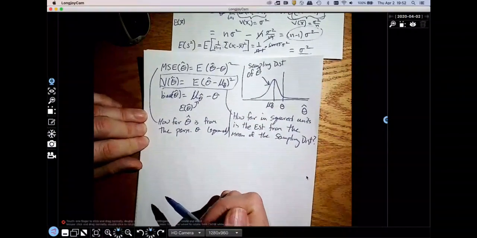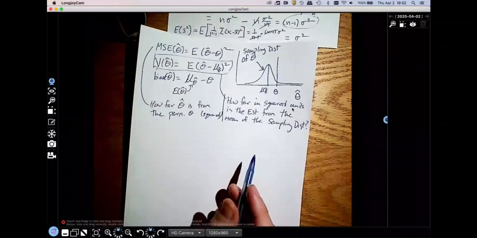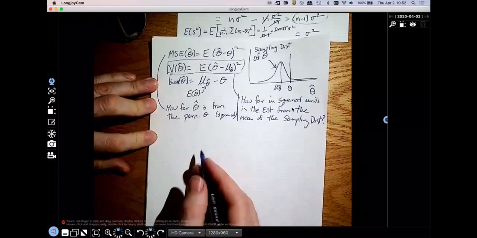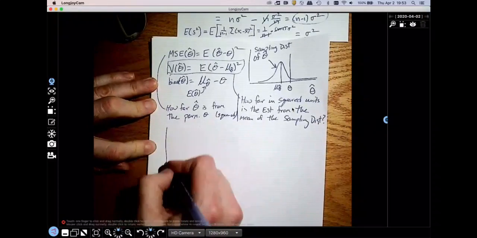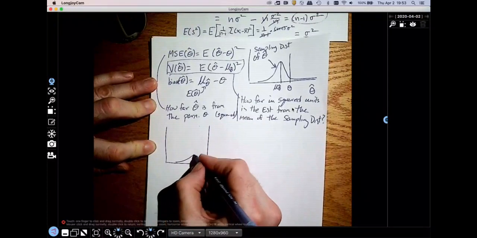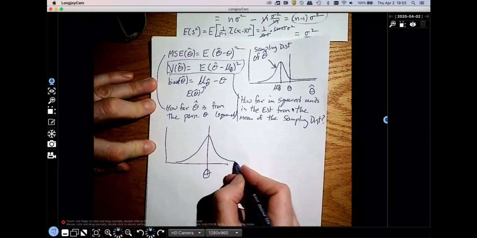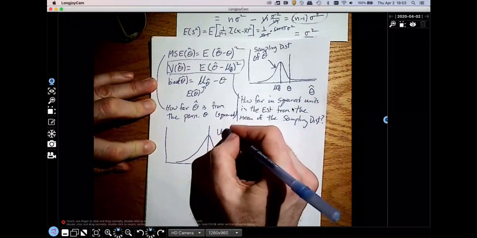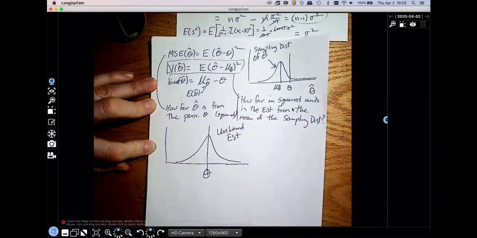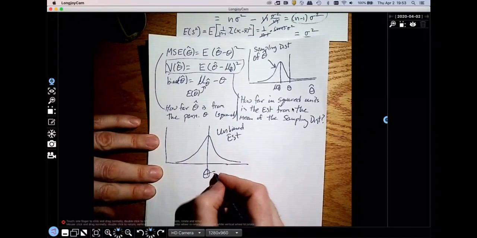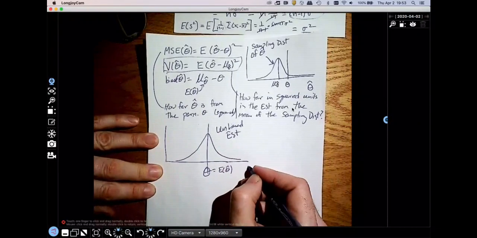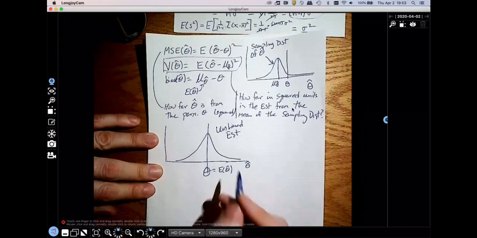I could draw a couple of estimators just to illustrate this. Here's a situation where we have an unbiased estimator. Notice this is equal to the expected value of theta hat, and what I'm plotting here is the distribution of theta hat.